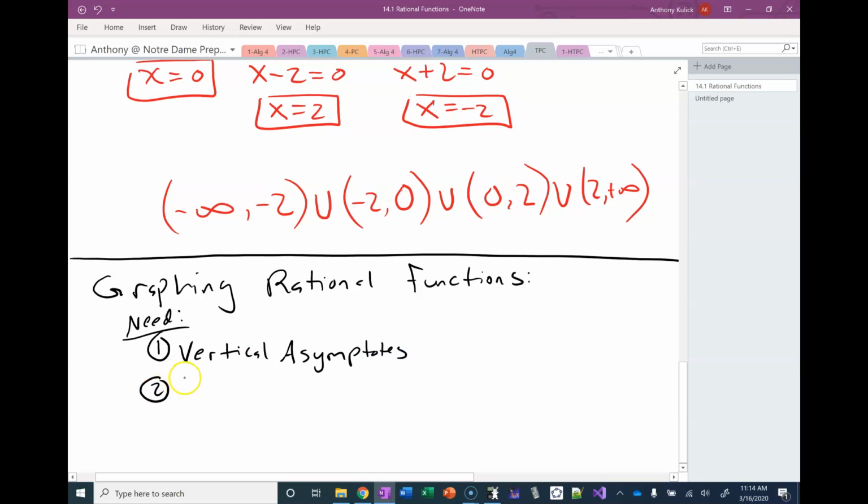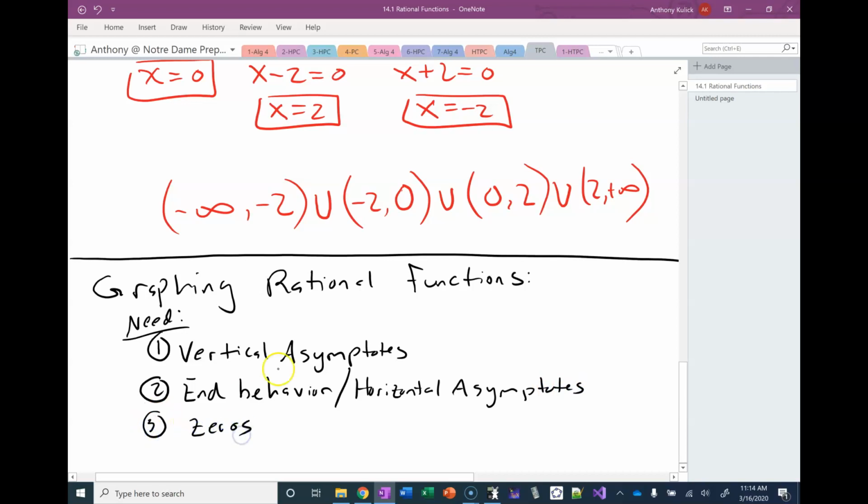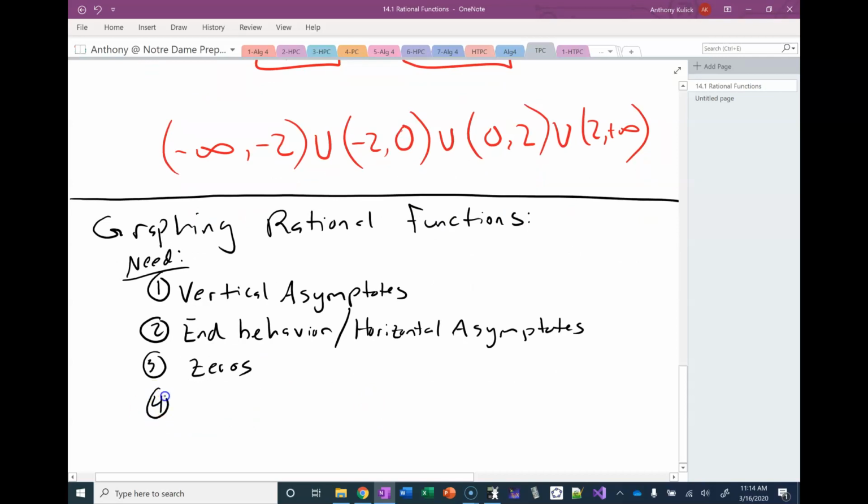We need end behavior / horizontal asymptotes. We need the zeros for the function, and we need the y-intercepts.